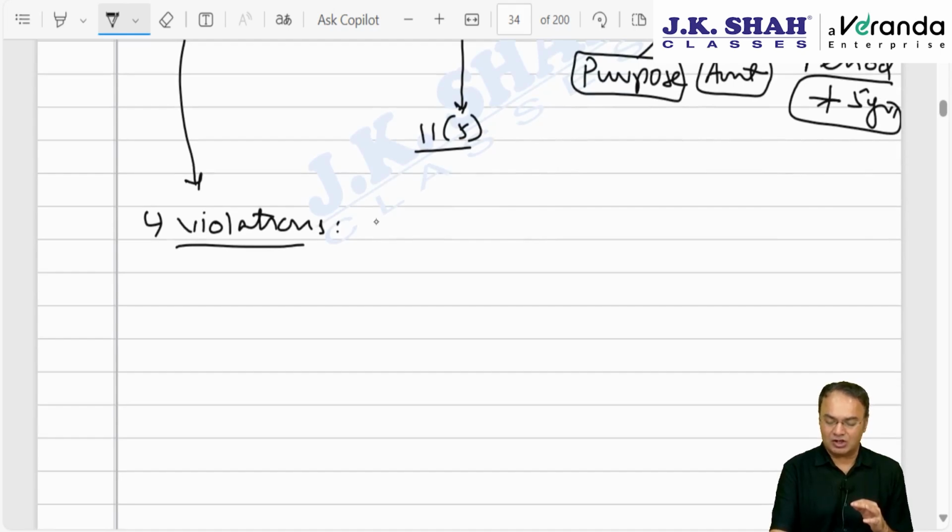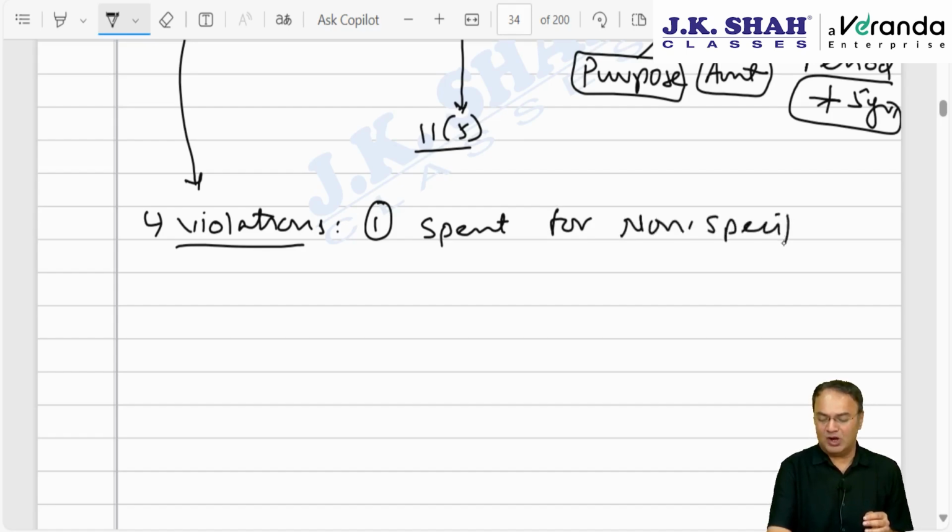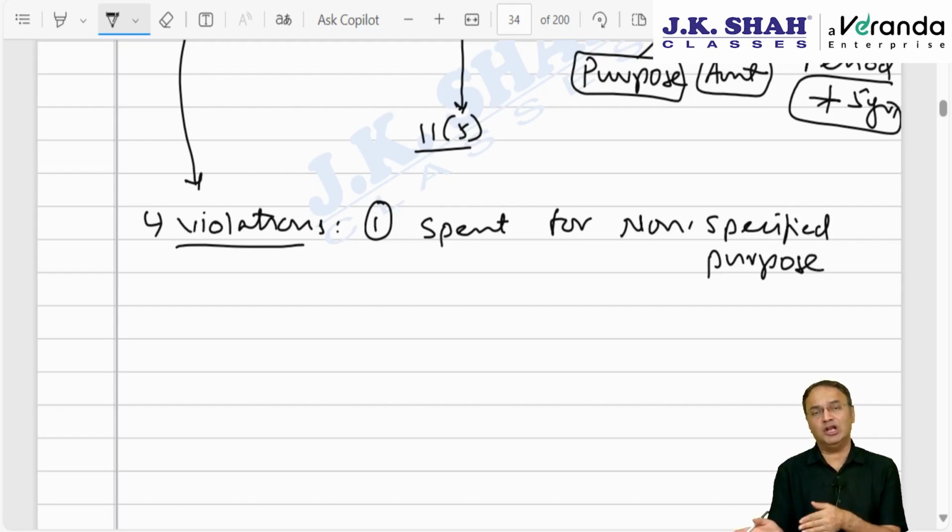Which 4 violations? Number 1, amount spent within 5 years, spent for a non-specified purpose. Non-specified purpose means, you had specified what purpose? Trust had specified hospital, but instead of hospital they constructed a school, or they ended up spending for something else, they constructed a clinic, nursing home instead of hospital.